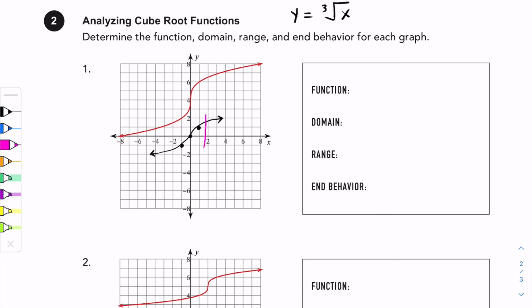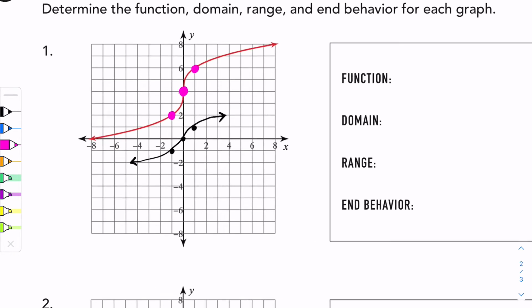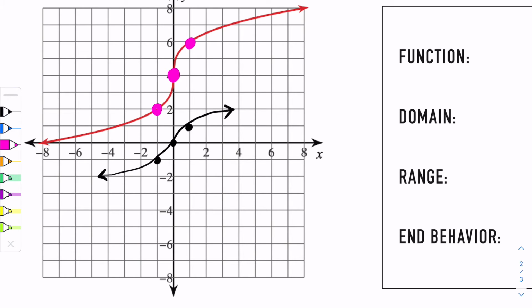So we can clearly see this parent function went up. We can see we have a new point here, we have a new point here, and a new point here. So just for the short or the fast version of this, I noticed that this point and this point are 1 unit away. This point is double that distance.